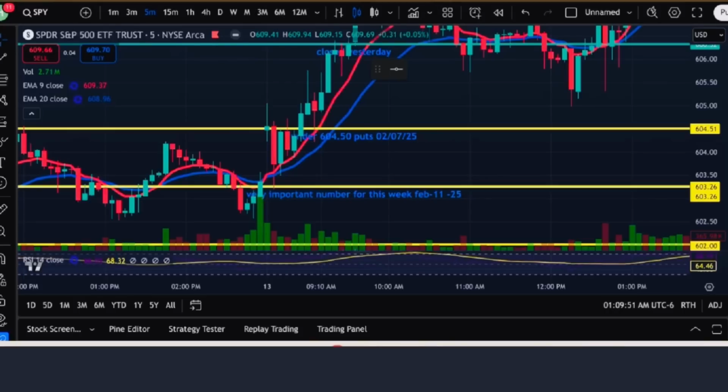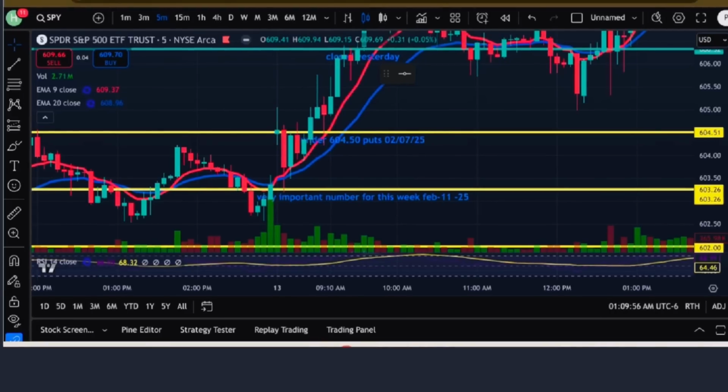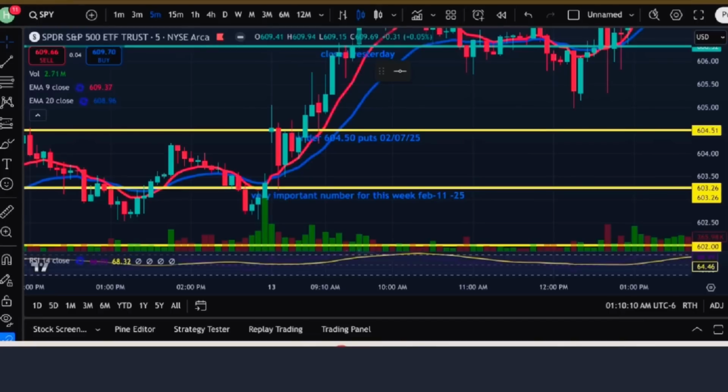Okay, core PPI. And remember, it was the month over month, I believe. Let me take a look. Core PPI is the Core Producer Price Index. It is a measure of price changes for goods and services, excluding volatile items like energy and food. So it is a key indicator of inflation trends. How is the core PPI calculated?